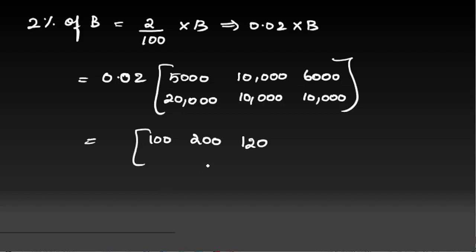Then here also 2 by 100, so two zeros cancel. 200 into 2 is 400. So 400. Next 10,000, you're going to get the same 200 as your value. And here also 10,000, so 200 is your value.